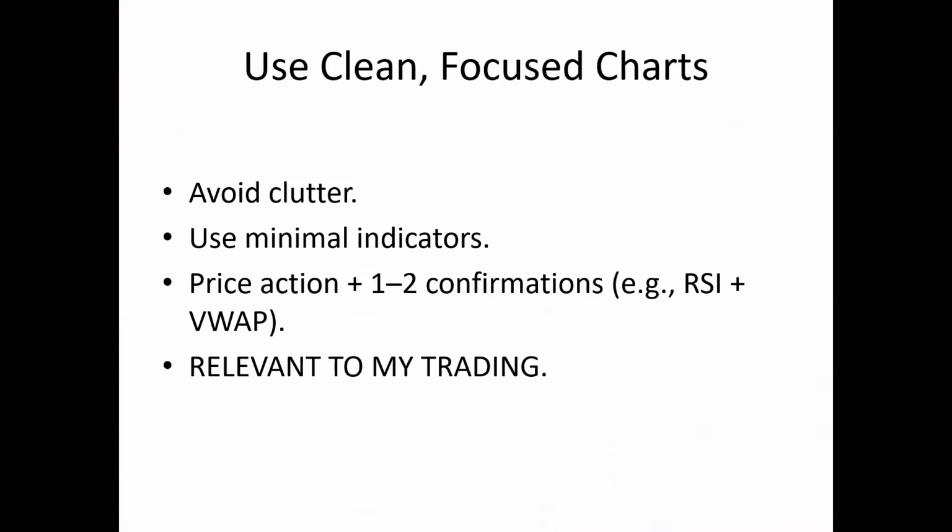Confusion. If you do not know the purpose of those indicators, then you will end up with a problem. Use minimal indicators. Price action plus 1 to 2 confirmations with the indicators is enough for your trade, which are relevant to your trading.